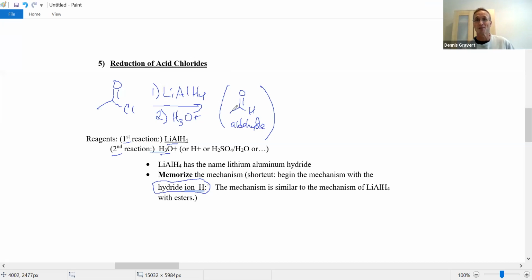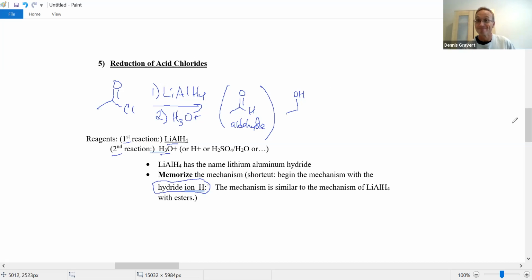Lithium aluminum hydride reacts with aldehydes, and there are 4 hydrogens, more than enough to get the job done. This reacts again to make an alcohol. So where the double bond used to be, now you have the alcohol. Cool. Let me make sure I'm not missing anything in my notes. Nope. Time for the mechanism.